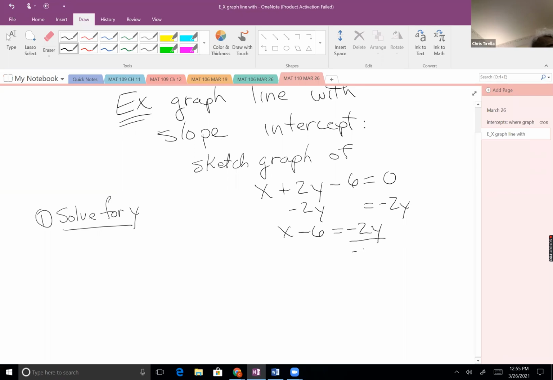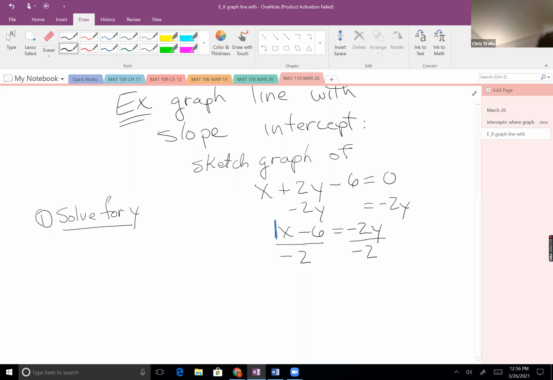And then to get y all alone, I'm going to divide everything by negative 2. When I do that, I need to remember that this x coefficient is 1.